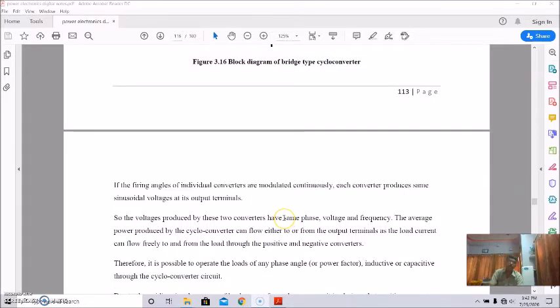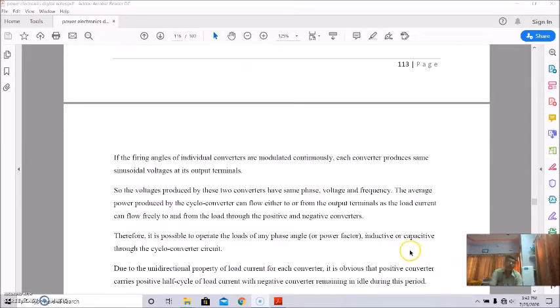So the voltages produced by these two converters have the same phase, voltage and frequency, and the average power produced by the cycloconverter can flow either to or from the output terminals, as the load current can flow freely to and from the load through the positive and negative converters. Therefore it is possible to operate loads of any phase angle or power factor, inductive or capacitive, on the cycloconverter circuit.